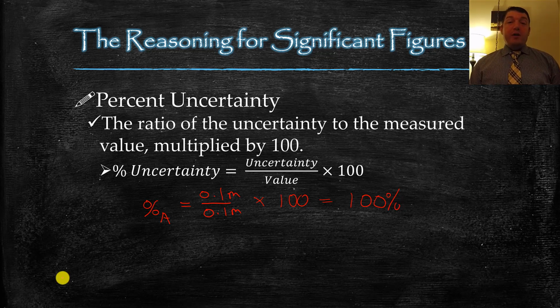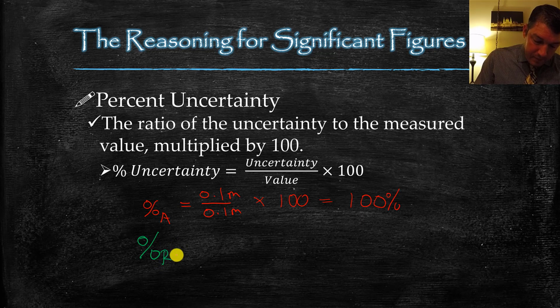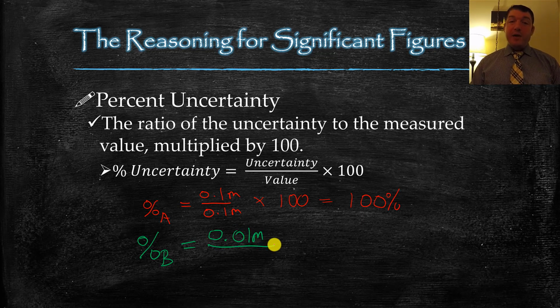When we calculate the percent uncertainty for the meter stick B using the same method, we take the amount of uncertainty, which in this case was in the hundredths place, and we divide it by the measurement we had, which was 0.15 meters, and then we multiply it by 100.